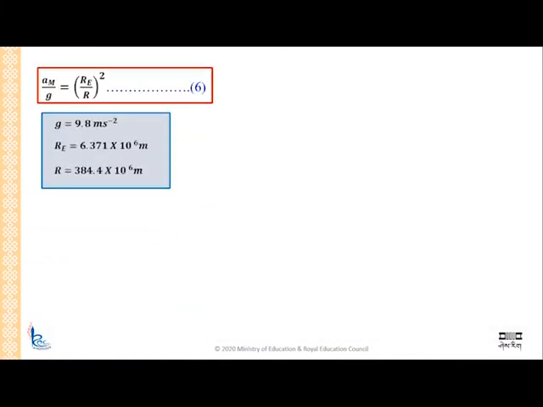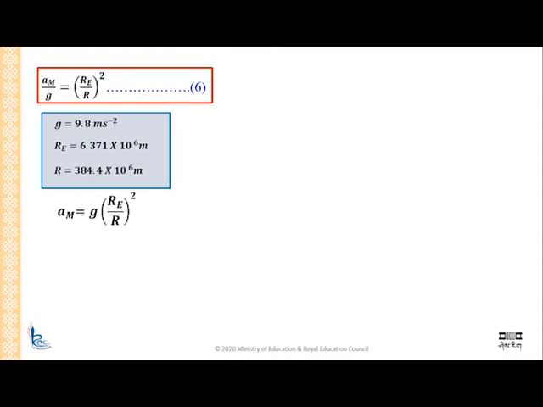Now, moving on with this, let's substitute the values into the above equation. g is the acceleration due to gravity on the surface of the earth, given by 9.8 meter per second square. Re is the radius of the earth, and r is the separation between the earth and the moon.